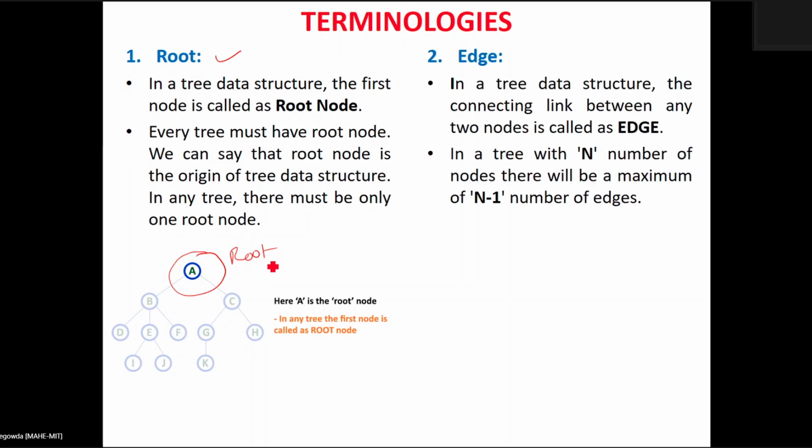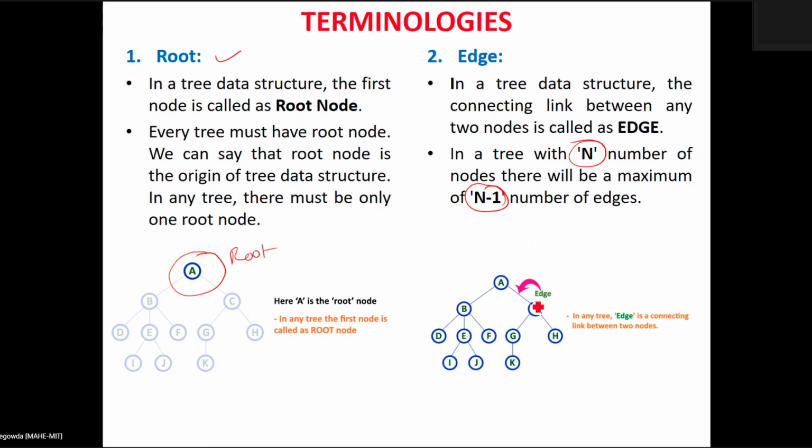The second one is an edge. An edge is a connection from one node to another node. In other words, we can define an edge as a line between two nodes, or a node and a leaf. As I already told, in a given tree, if there are n nodes, there will be a maximum of n minus 1 edges.